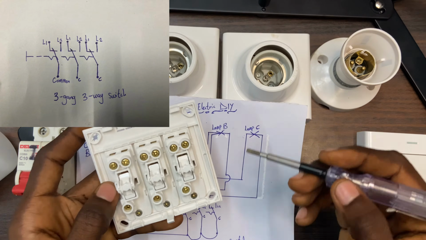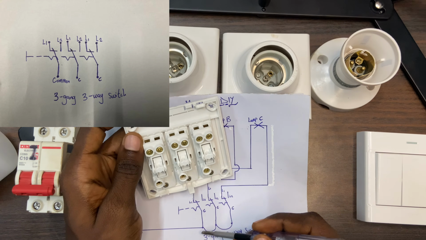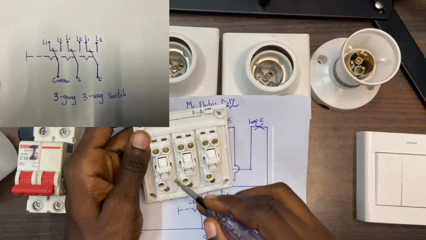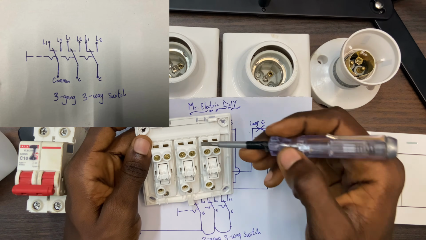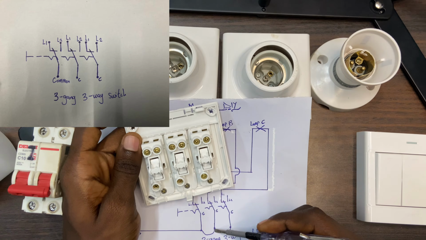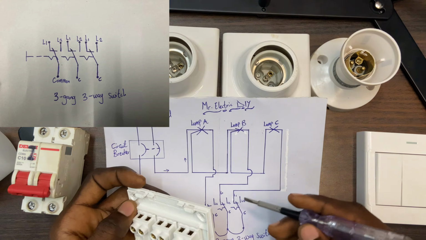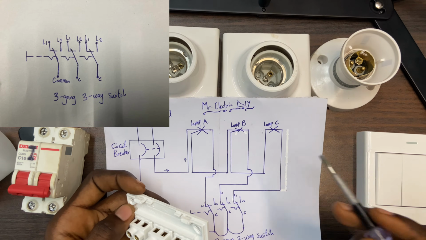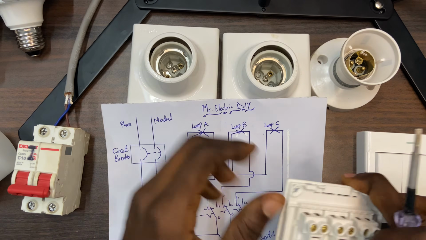So the live wire came to this side first as the common, and because I want to use this side, I loop it. This is a jumper, a piece of cable. I just loop it from this side to this side, and then to the last switch. And these are the switch wires. That is what I'm going to do in this video, so stay tuned.